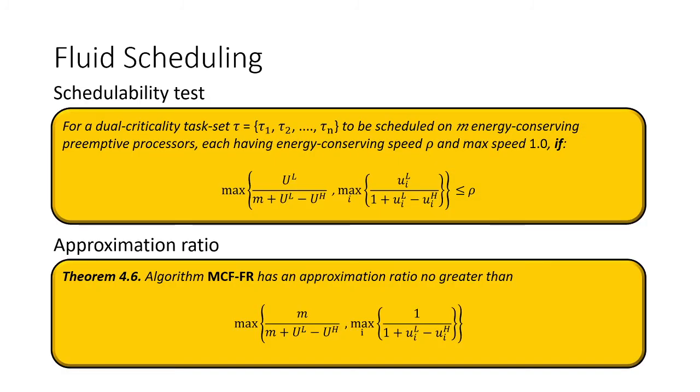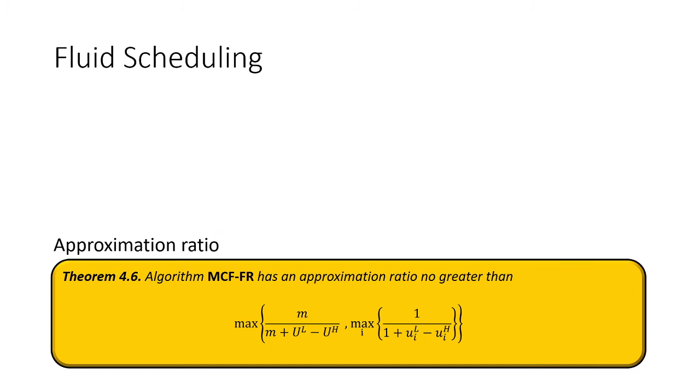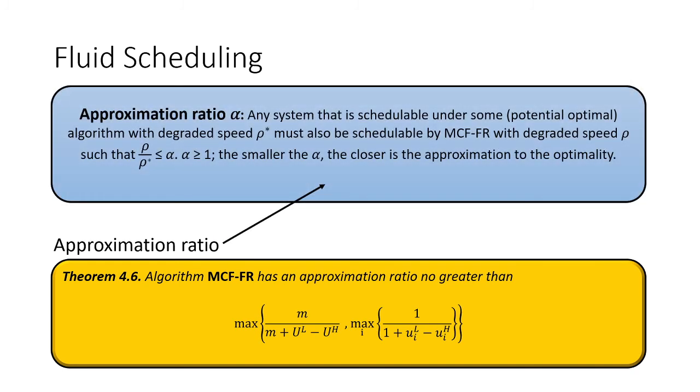Based on requirements and settings, we give our sufficient schedulability test. Also, we proposed the approximation ratio of MCFFR. The approximation ratio is the ratio of the energy conserving speed determined by an algorithm compared to the optimal algorithm. The smaller the ratio, the closer the approximation is to optimality.